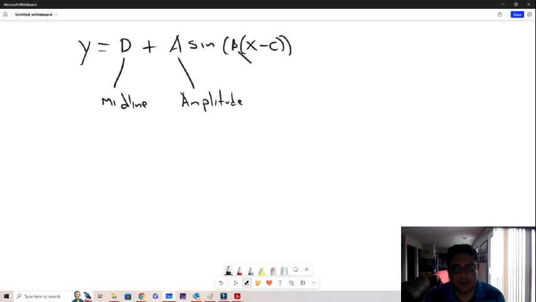And we've been working with this b, which is like the speed of the wave and is related with the period. So b is in terms of 2 pi over the period. This is what we call the speed of the wave.